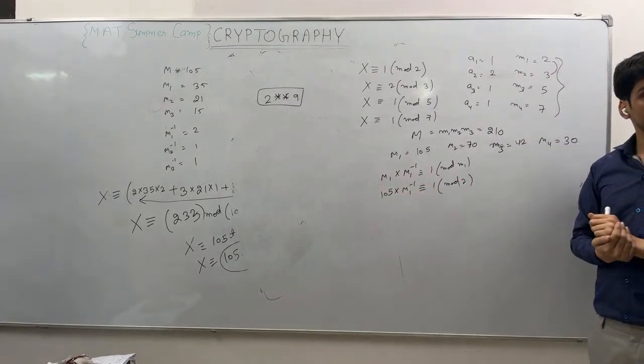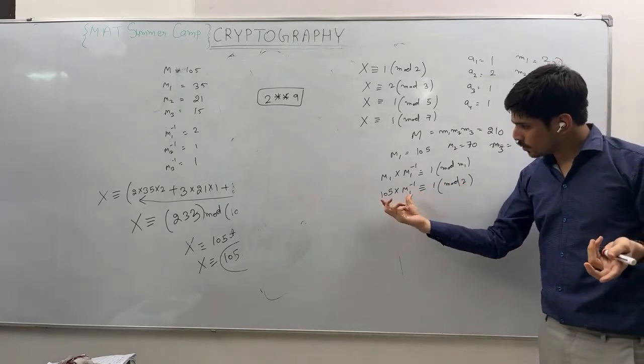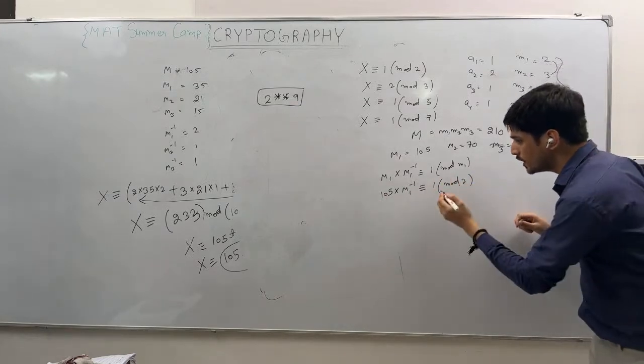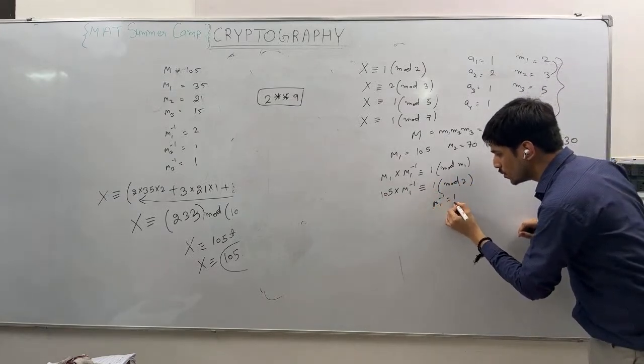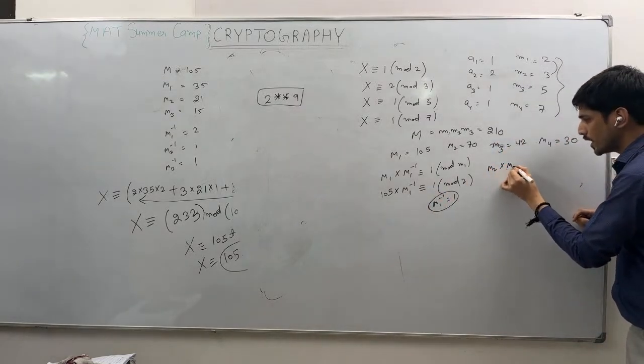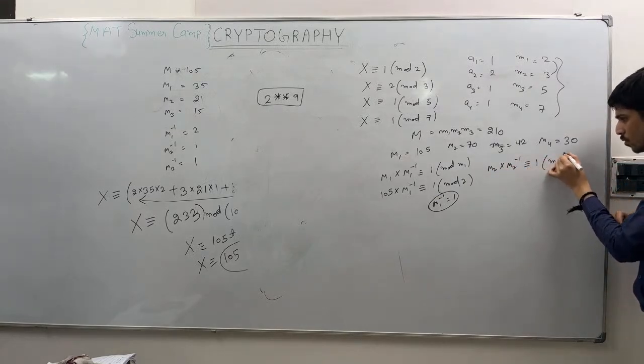What number should I take? I will start with 1. If I take 105 divided by 2, will it leave remainder 1? Definitely. Then I'll take M1 inverse equal to 1. Clear? Next, move to M2 times M2 inverse is congruent to 1 mod m2.